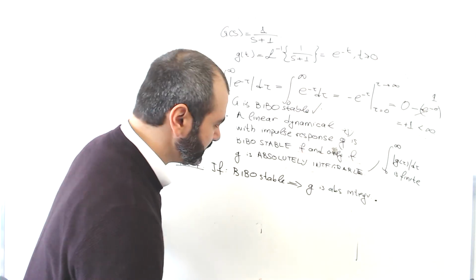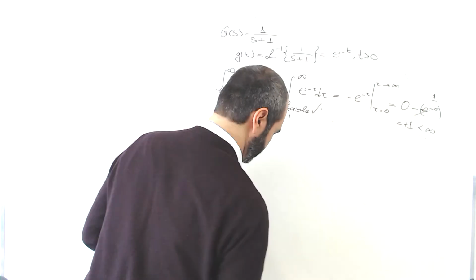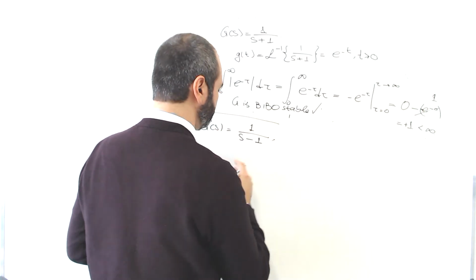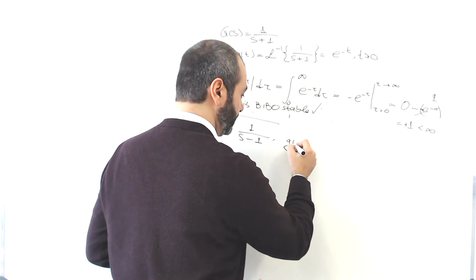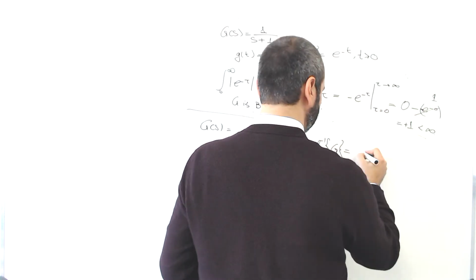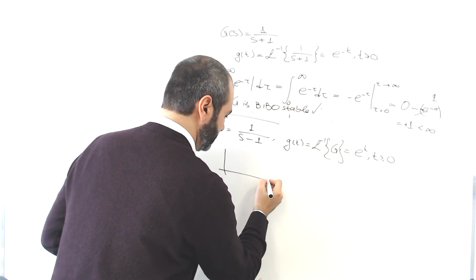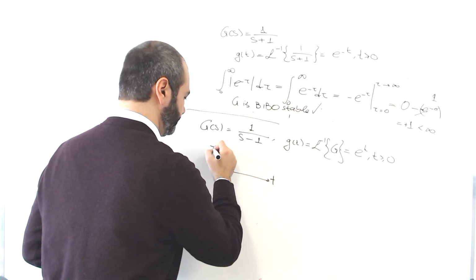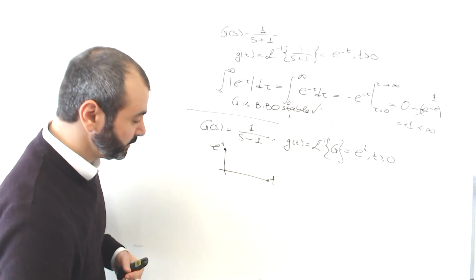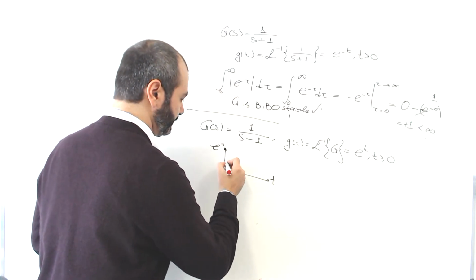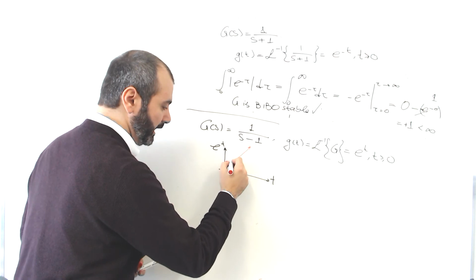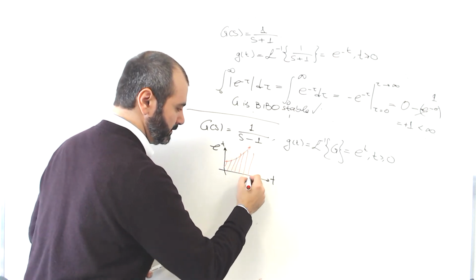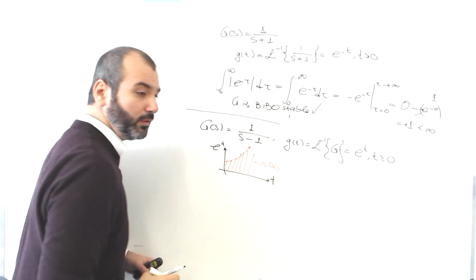Yet another example, a second example. Take g of s is 1 over s minus 1, so g of t. Now this function, you know that this function looks like that. Goes to infinity. So this area, the area also goes to infinity.